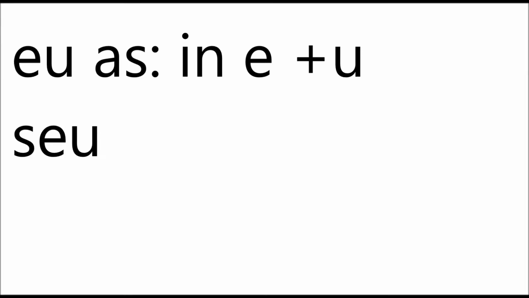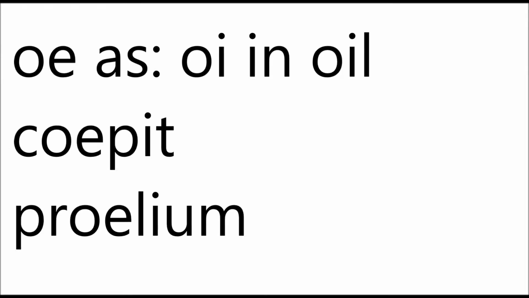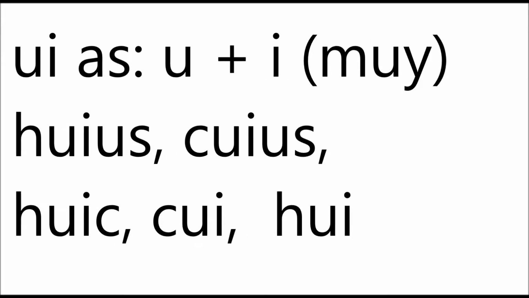The OE has an oi sound, like oil, so coipit, proilium. The UI is spoken very quickly together, kind of like the Spanish muy. It only occurs in very few places in Latin: huis, quis, huic, qui, and hui.